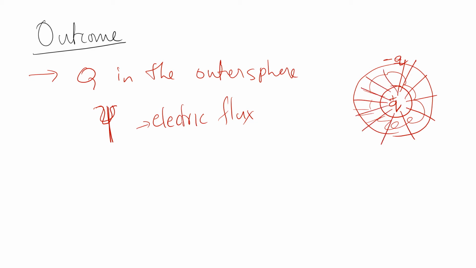That flow is called electric flux. What quantity flowed from the inner sphere to the outer sphere is the same amount as the charge. So he represented psi as Q. Since Q is in coulomb, the electric flux psi also has the unit coulomb.